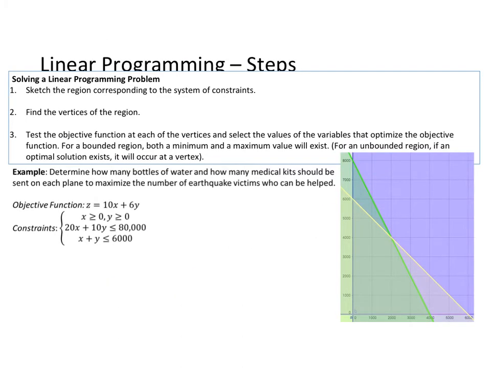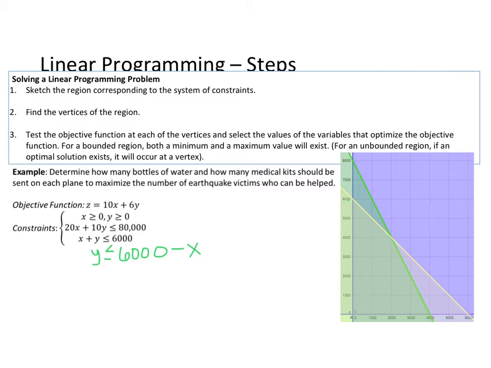To sketch our second constraint, we will follow the same process. We are going to solve the bottom inequality for y, so we will subtract the x from both sides. And again, we will plot our y-intercept, 0, 6,000.